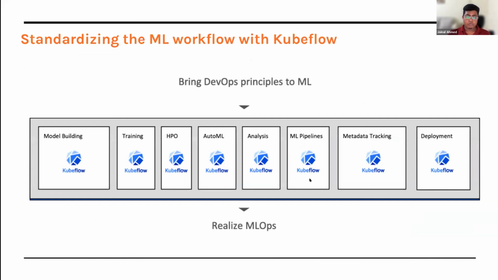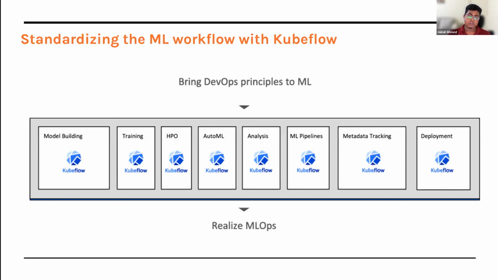Instead of using different tools to build the ML platform, Kubeflow comes in very handy, because Kubeflow offers a suite of tools inside it, like Kubeflow Notebooks, Kubeflow Pipelines, KF Serving, and all of this.